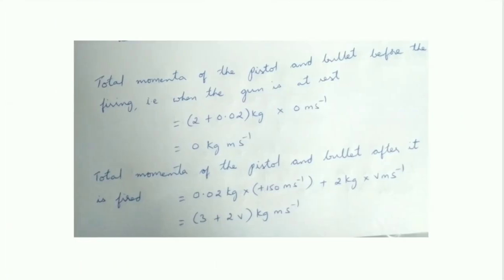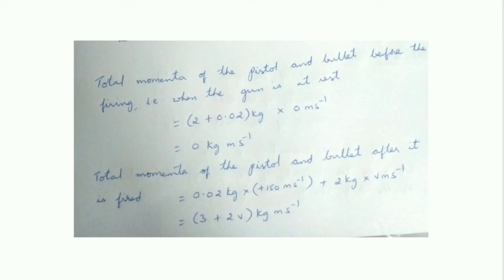Now let us find out the total momenta of the pistol and bullet before the firing, that is, when the gun is at rest. Here we use the formula for momentum equal to mass into velocity.